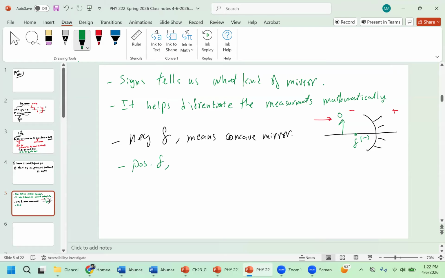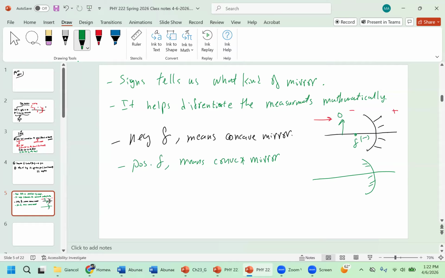Positive F means convex mirror. And I'll draw it over here. Same thing.